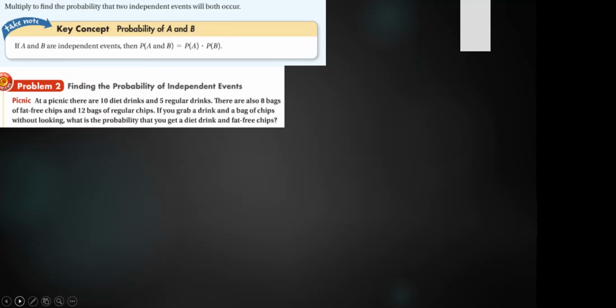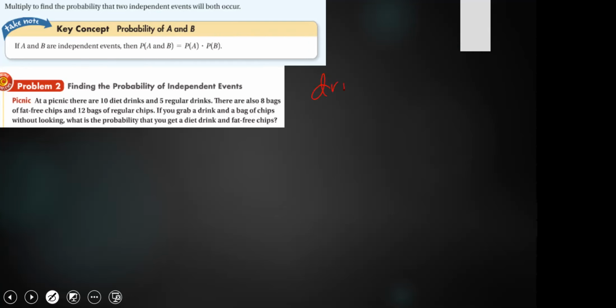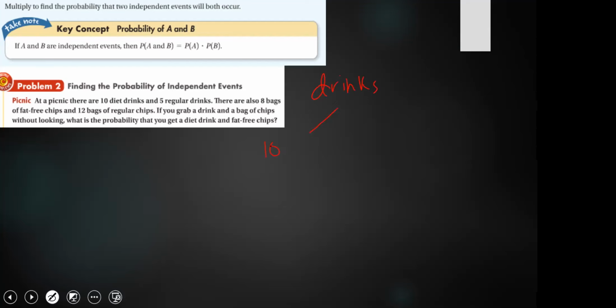Let's see this problem here. Find the probability of independent events. At a picnic there are 10 diet drinks and 5 regular drinks. So we have drinks: ten of them are diet and 5 of them are regular.